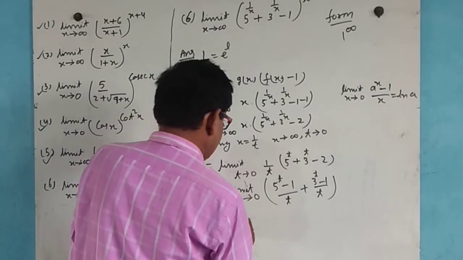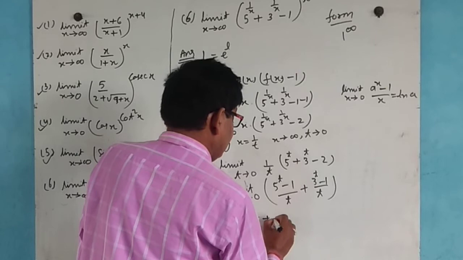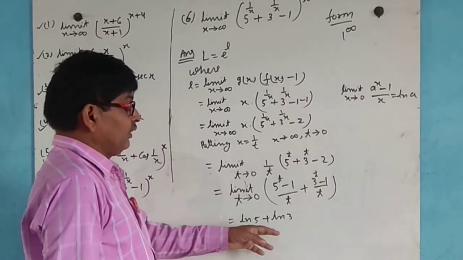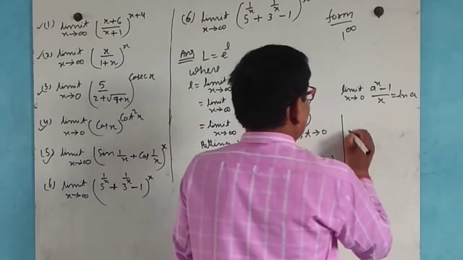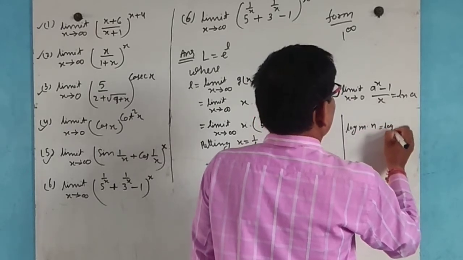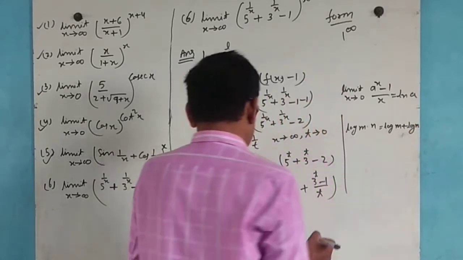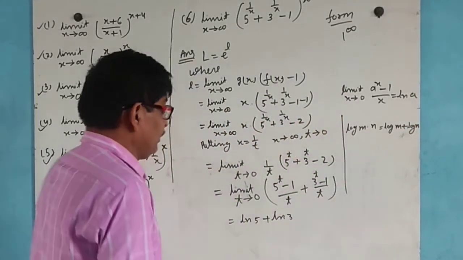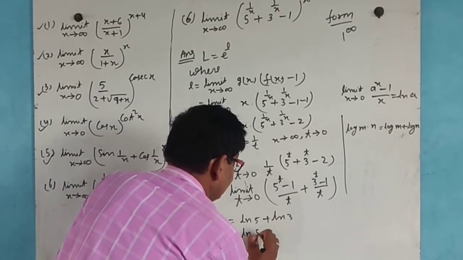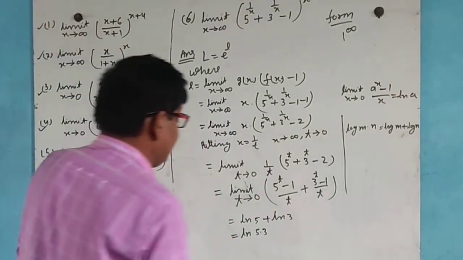So this is equal to ln 5 plus ln 3. Log m into n is equal to log m plus log n, so this can be written in the form of products as ln 5 into 3, which is equal to ln 15.